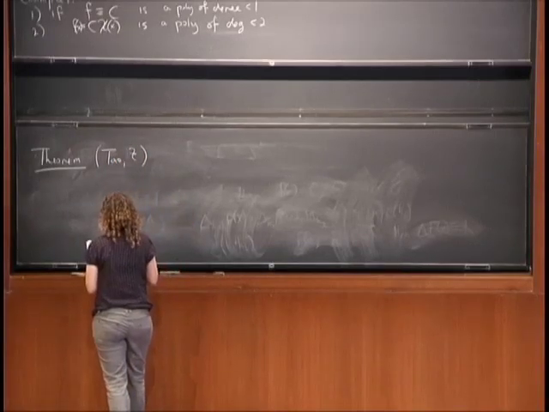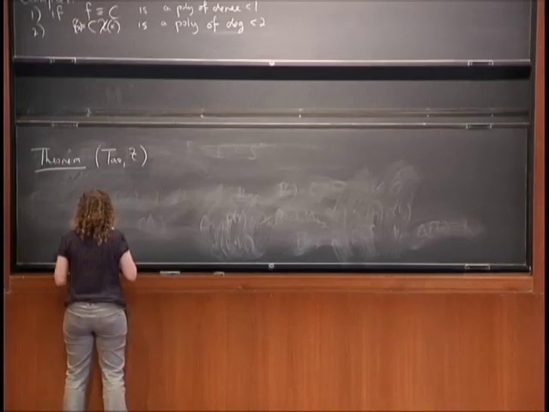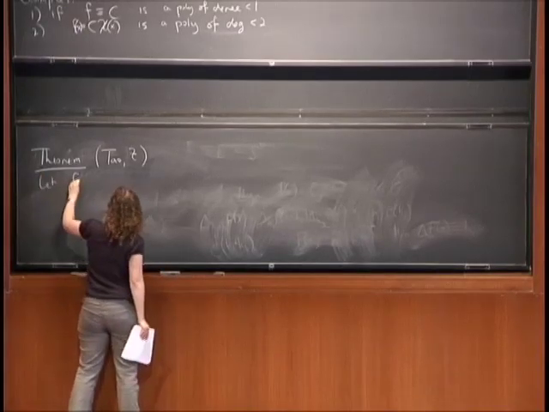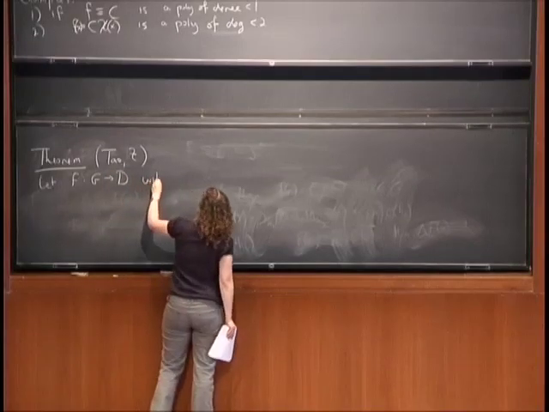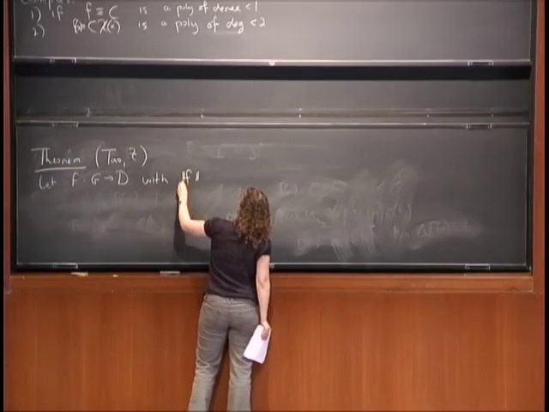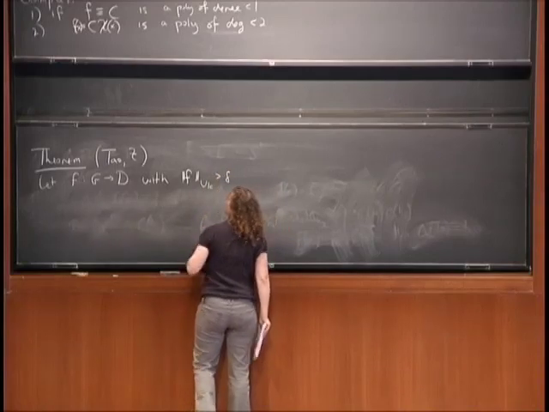And it's the following. Okay, so let f be a function from G to the unit disk with the U^k norm of f greater than delta.